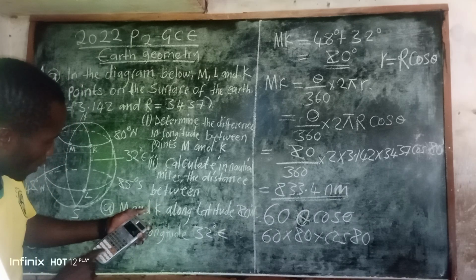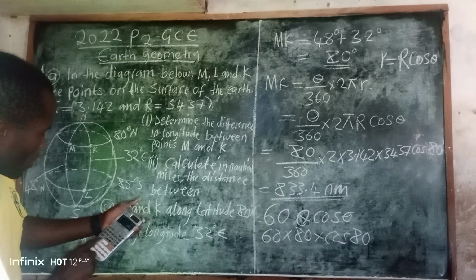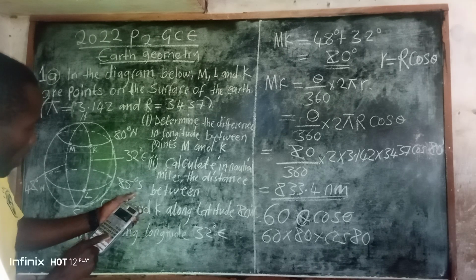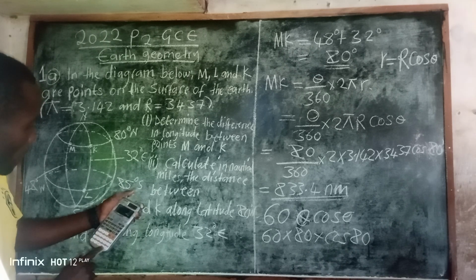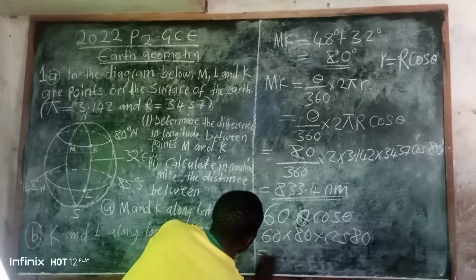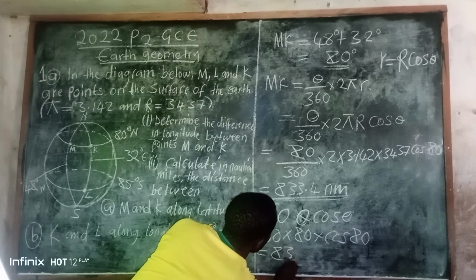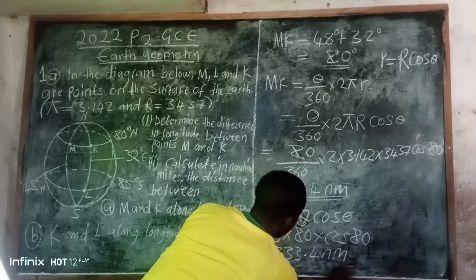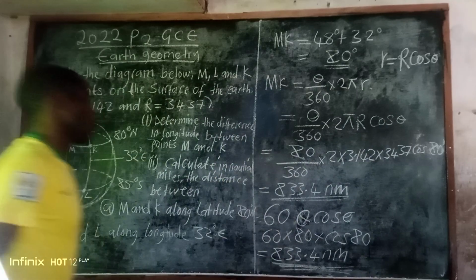So we have 60 times 80 times cos 80. The answer is going to be the same. 833.4 nautical miles. So we still get the same answer.